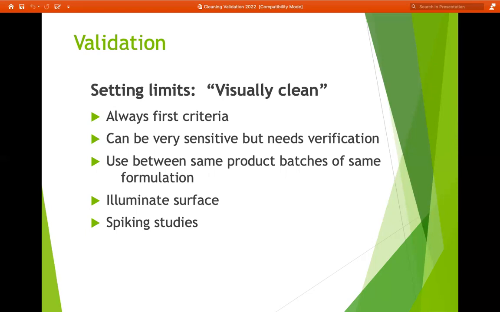Illuminated surfaces and spiking studies can be used. Illuminating surfaces means you can use something like a battery torch to check the surfaces for any particulate contamination.